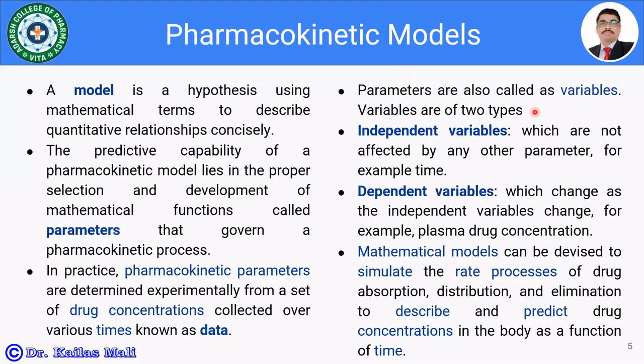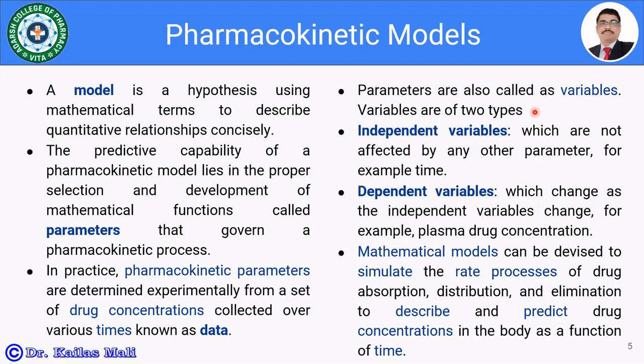In the dissolution study, the percent dissolved and the time are the variables. Likewise, in pharmacokinetic studies, whatever data is collected, say the drug concentration and time, are also called variables.